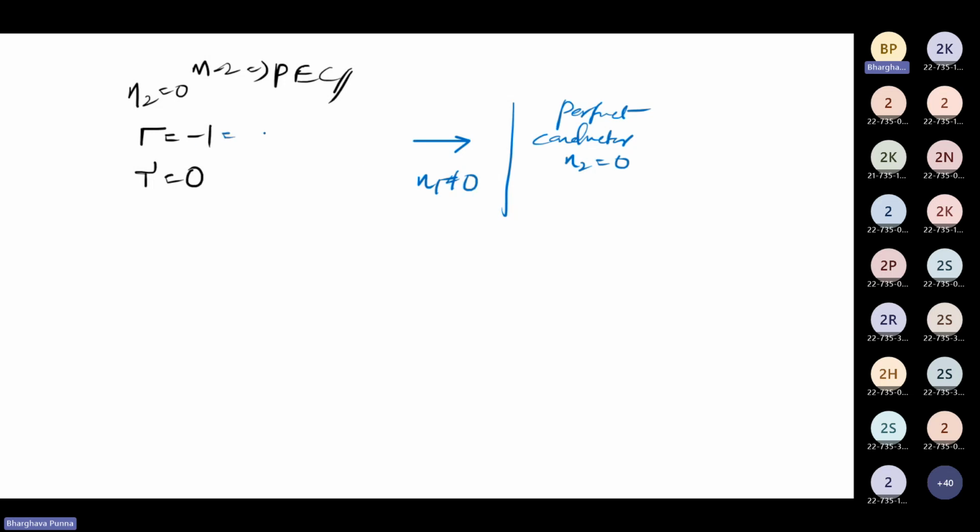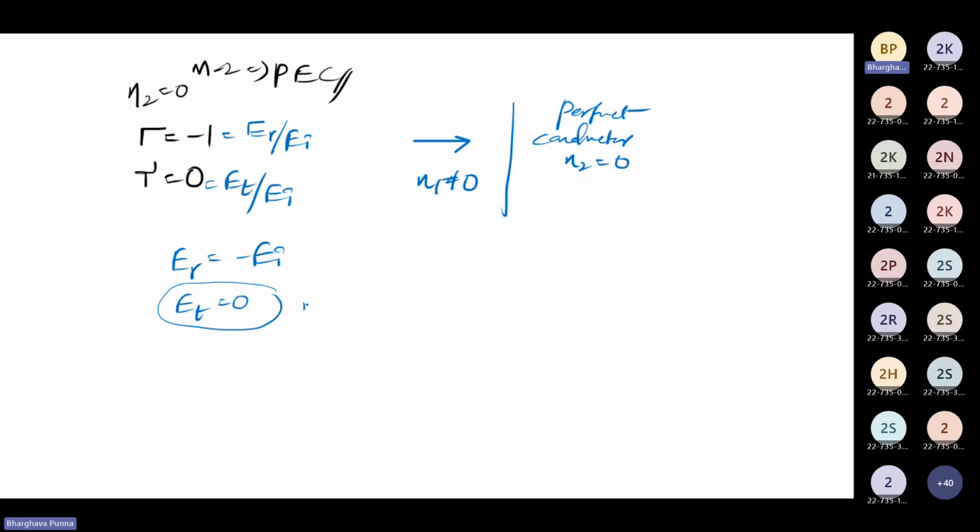You got the reflection coefficient as minus 1, that is ER by EI. And here the transmission coefficient is 0, that means ET by EI. Just cross multiplying these two equations, you get ER equal to minus EI and ET is equal to 0. So there is no transmitted wave. When you take medium 2 as a perfect conductor, the transmitted electric field is 0.